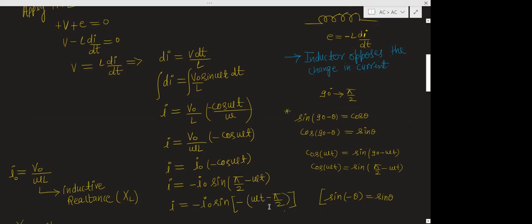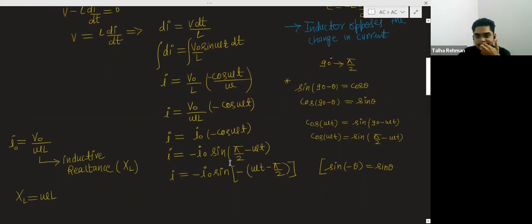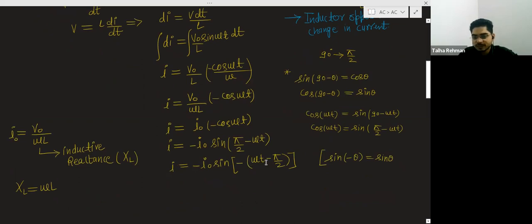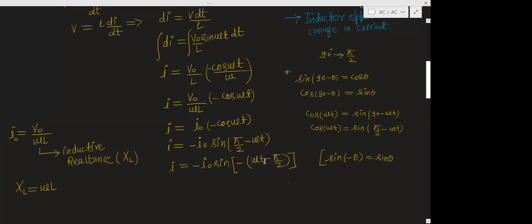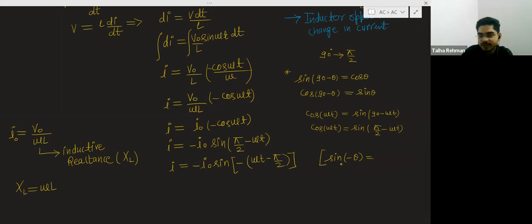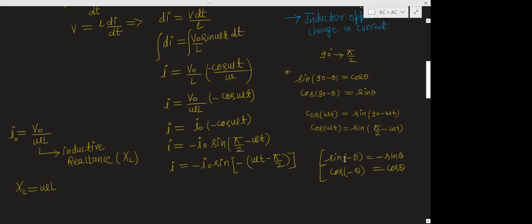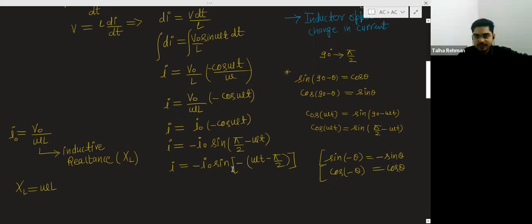So actually, what is this? This is sine of minus theta, some angle of sine. Sine of minus theta is equal to minus sine theta. Remember this. And cos of minus theta is equal to cos theta. So what will you get here?